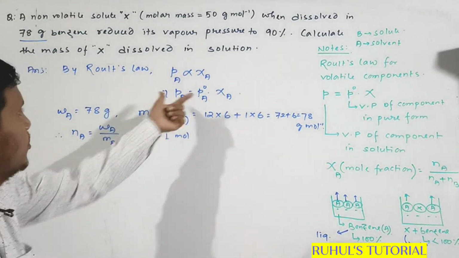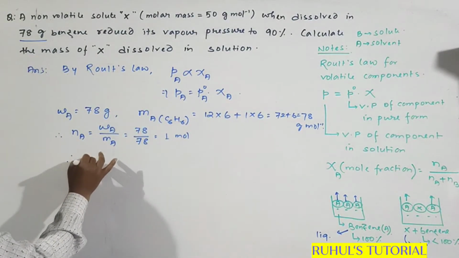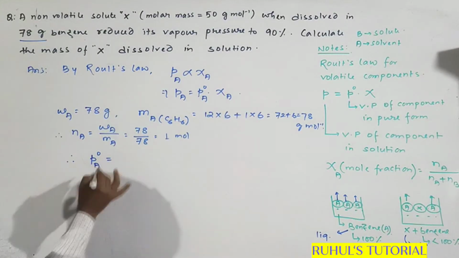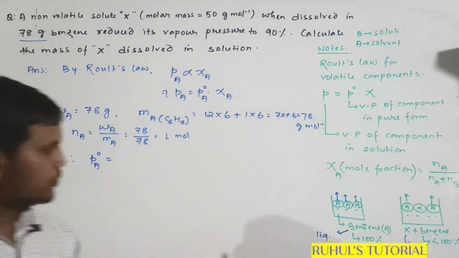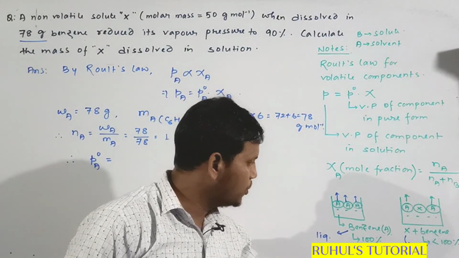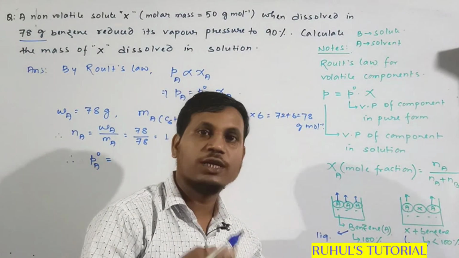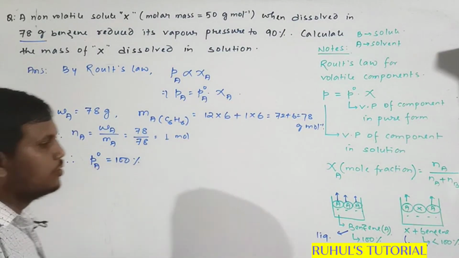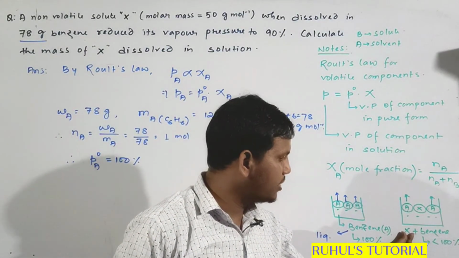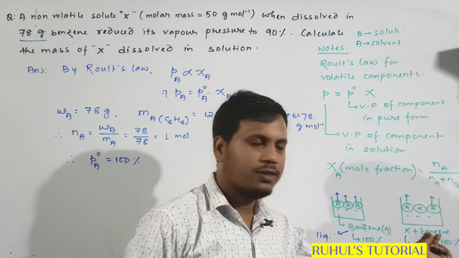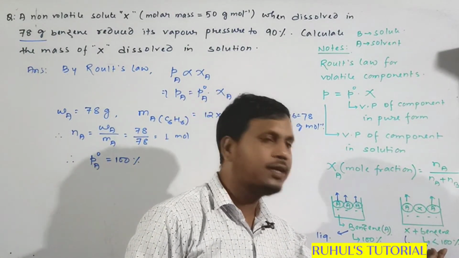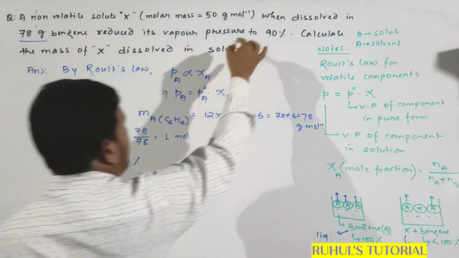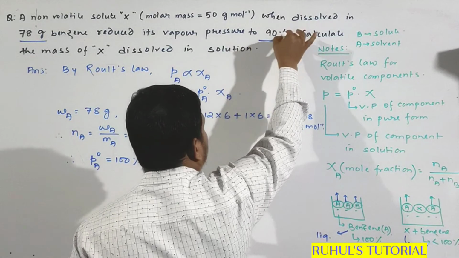Now use the formula. If we consider the vapor pressure of A in pure form, let us suppose benzene has vapor pressure 100%. When non-volatile solute X is dissolved in benzene, the vapor pressure will be less than 100. In the question it is written that the vapor pressure is reduced to 90.